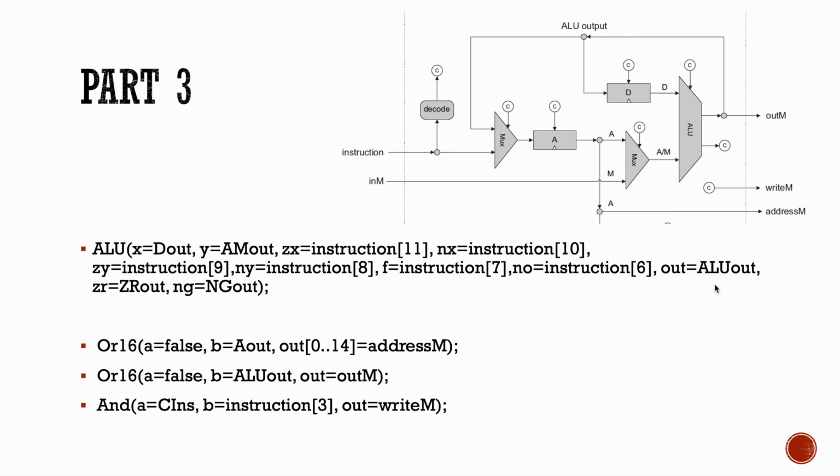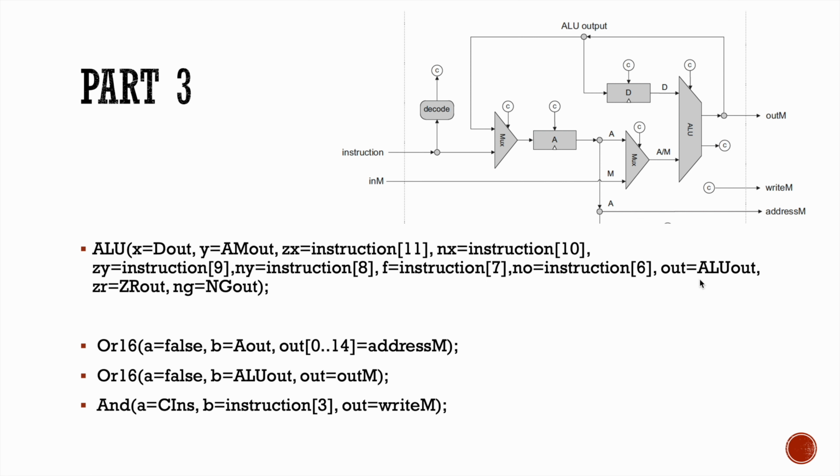It consists of the control bits such as ZX, ZY, NY, F, and NO. They're indicators of which function is computed on the two inputs to produce an output. Whereas the output control bits such as ZR and NG determine the properties of the result.